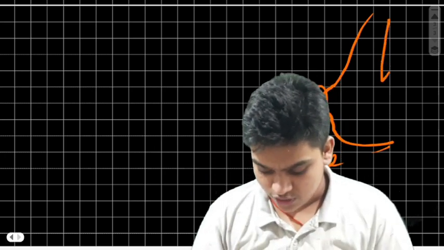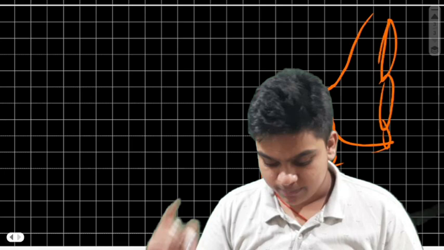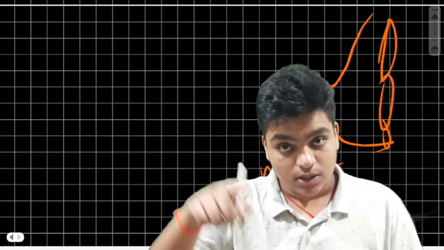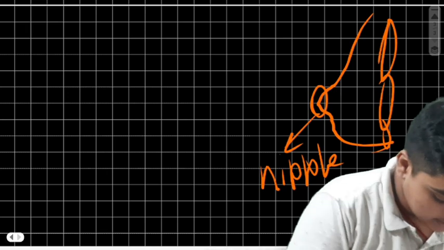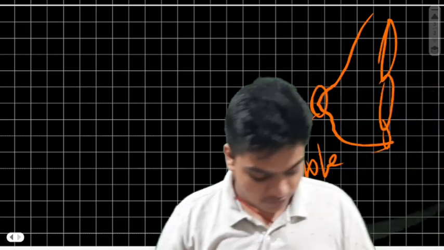Actually, here there are alveoli. In the diagram, those are ribs, and we have fat here.